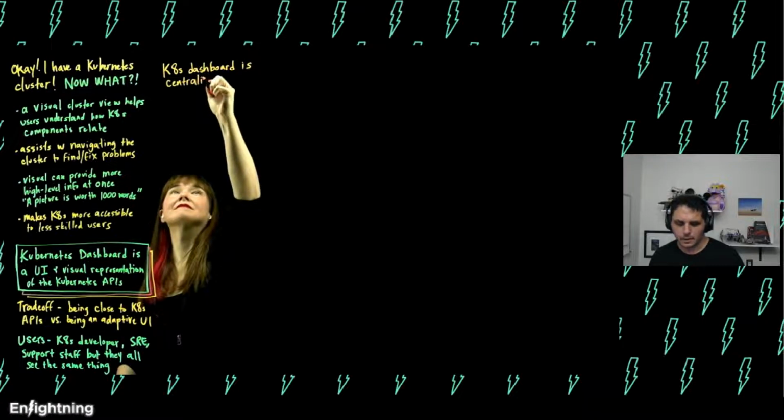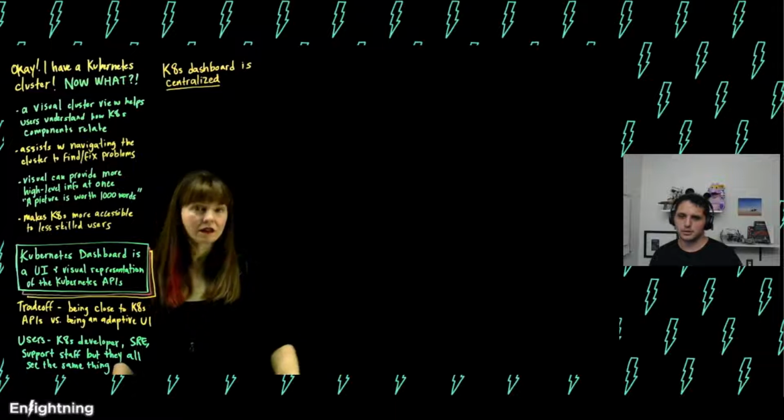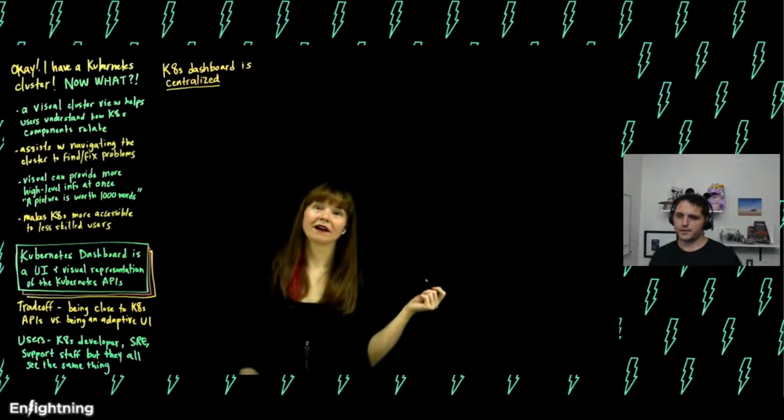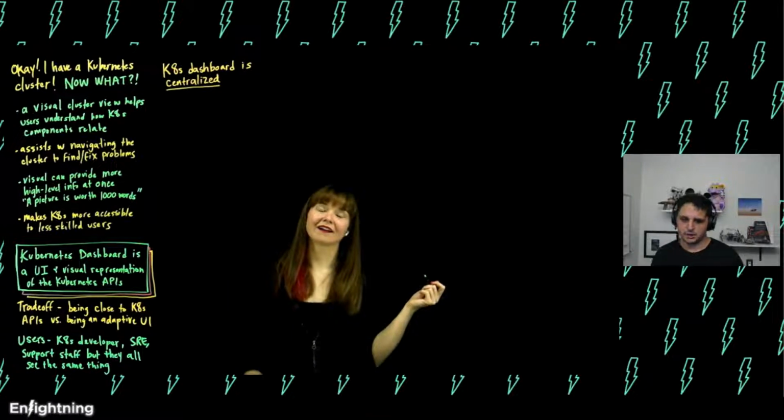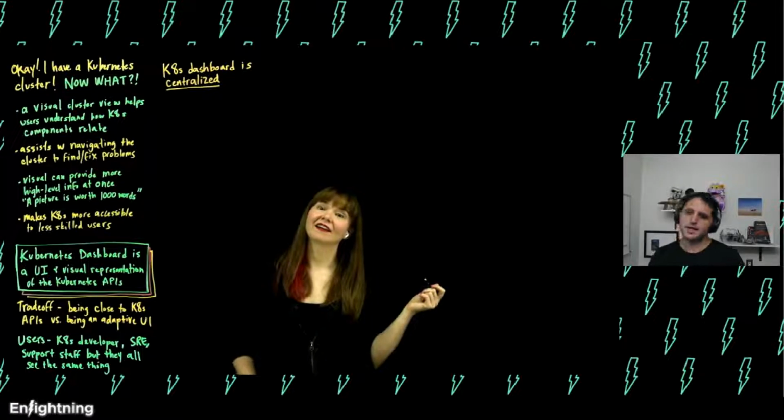A lot of enterprises are starting to push for the same level of isolation of access to Kubernetes APIs as SSH. I'm starting to see a lot of enterprises say, we don't want you to have kubectl on your desktop anymore. We want you to log into a jump box to use that.